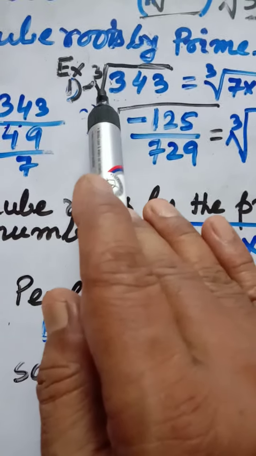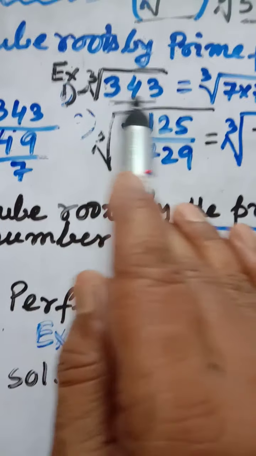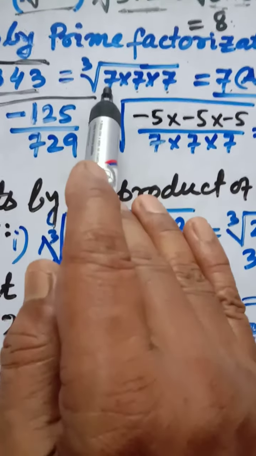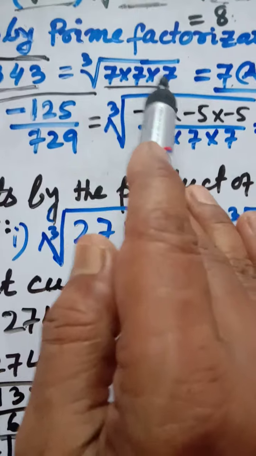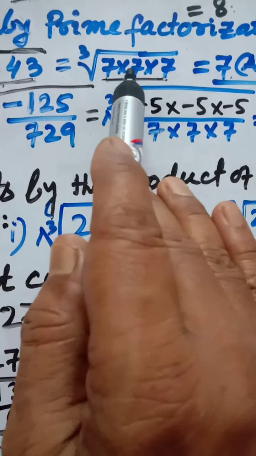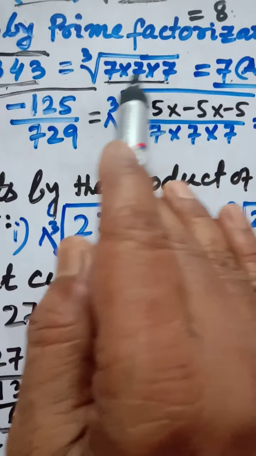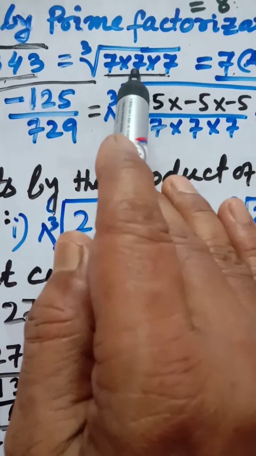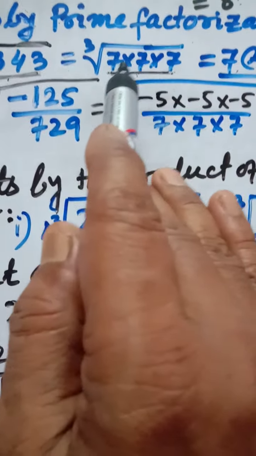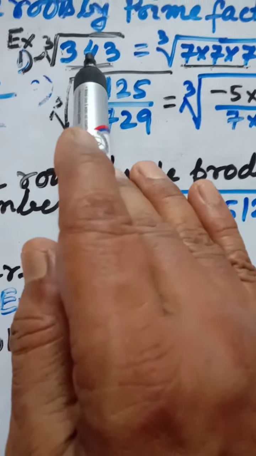Say cube root of 343, you split this 343 into 7 into 7 into 7. If you find the product of 7 into 7 into 7, you will get 343. That means 7 is multiplied by itself twice. So it became 343, which is a perfect cube.